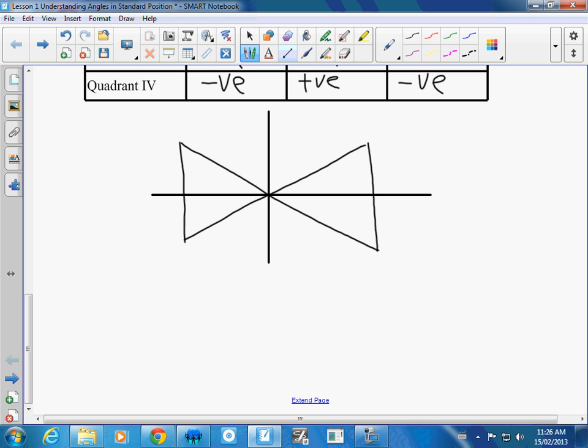Now, what are these angles right here? These are all 90 degrees, right? They have to form 90. Now, what can you tell me about this angle, this angle, this angle, and this angle?